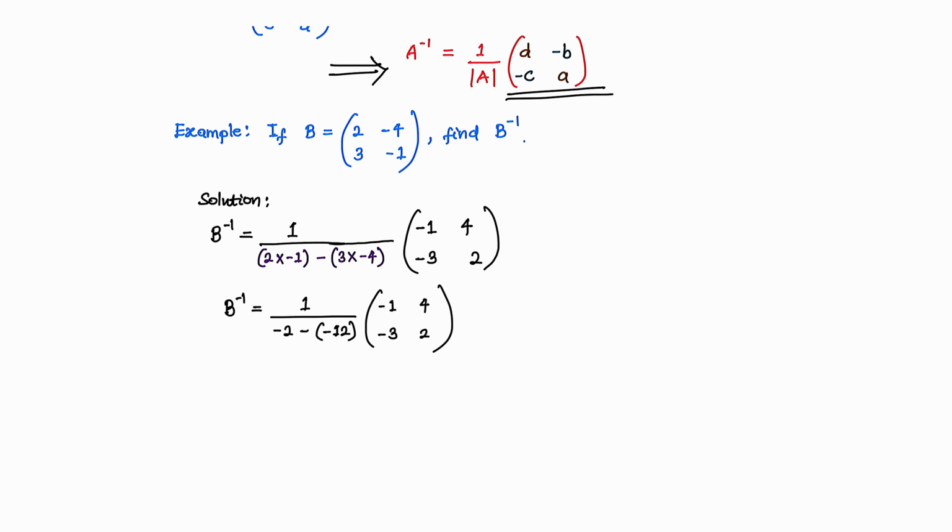Simplifying further, we have B inverse equals 1 over -2. Here we have a negative here, and we have another negative inside the parenthesis. So negative times negative will give us positive, and then we are left with 12. B inverse equals 1 divided by -2 plus 12. That will give us 10.